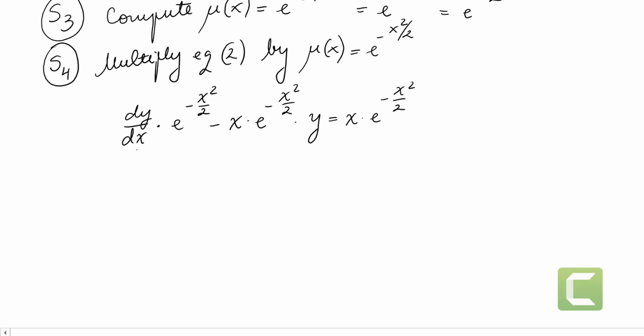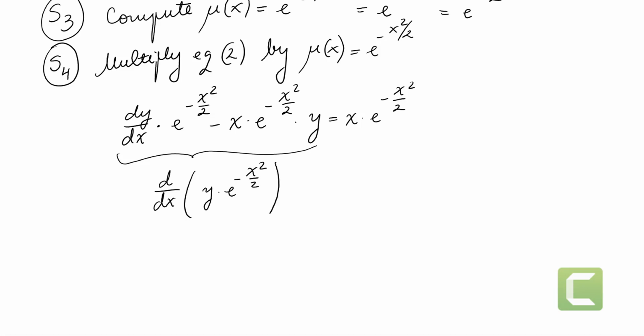So the left hand side, it's a perfect derivative, and that derivative is d/dx of y times e to the negative x squared over 2. So basically it is this function times this function. If we differentiate it using the product rule, we are going to get exactly the left hand side.